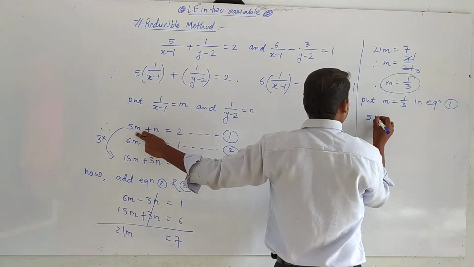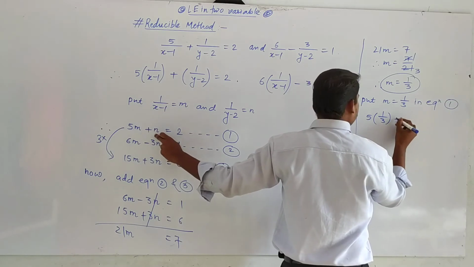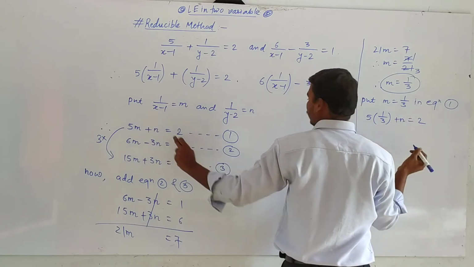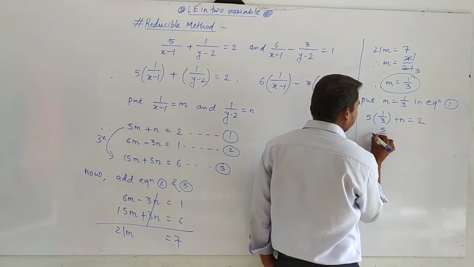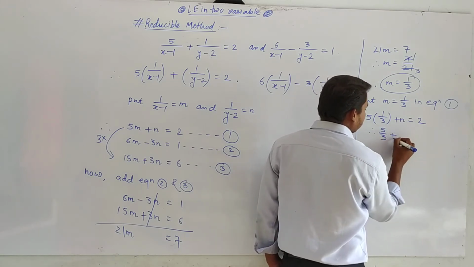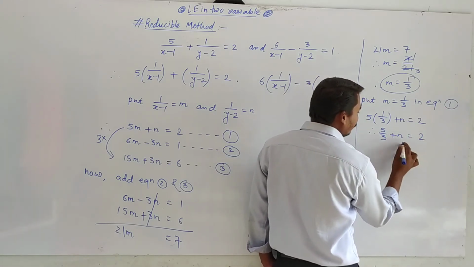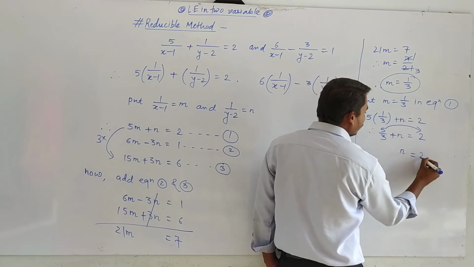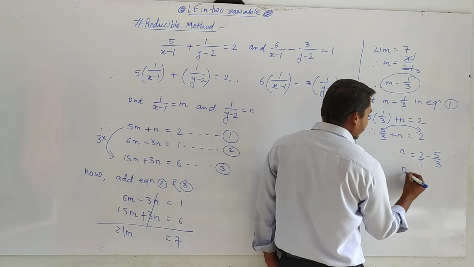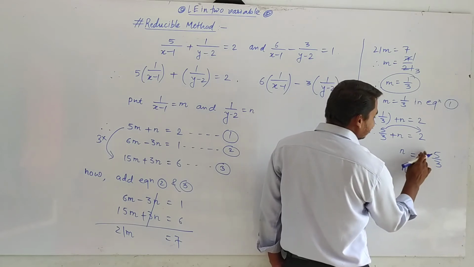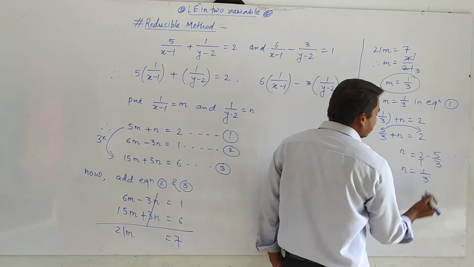So 5 into 1 by 3 plus n is equal to 2. So it becomes 5 by 3 plus n is equal to 2. Now I want n only, so it becomes minus. 2 minus 5 by 3: 2 times 3 is 6, 6 minus 5 is 1, and here is 3.